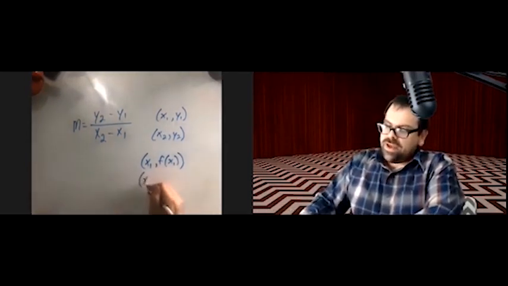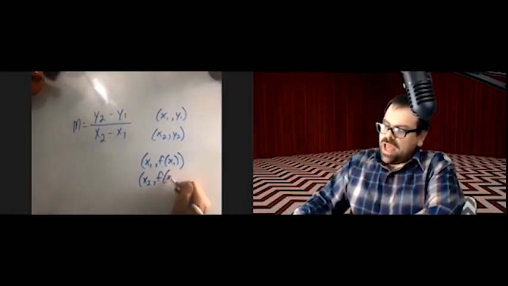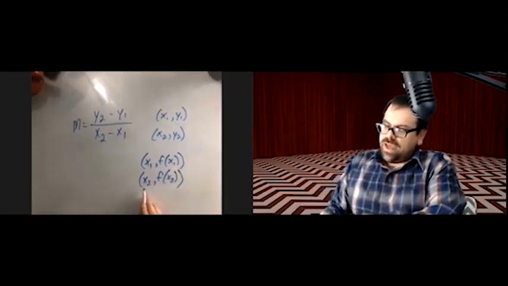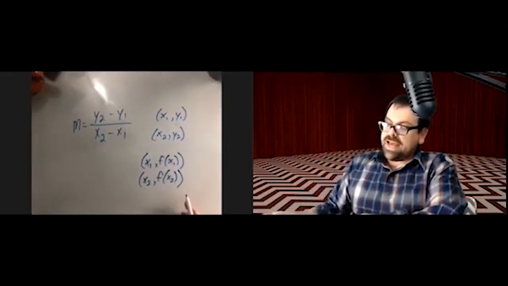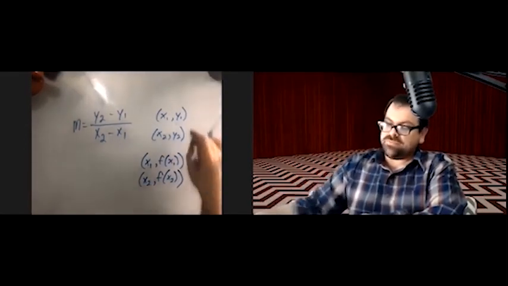And instead of x2, y2, we would have x2, f of x2. X coordinate of x2, y coordinate, the output of the function when the input is x2. These mean exactly the same thing, these two sets of points.